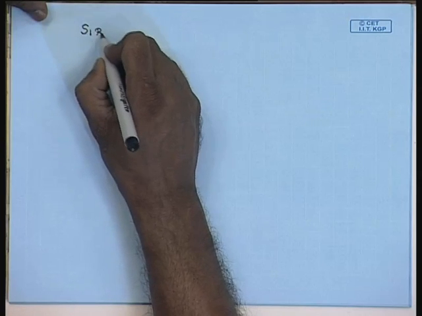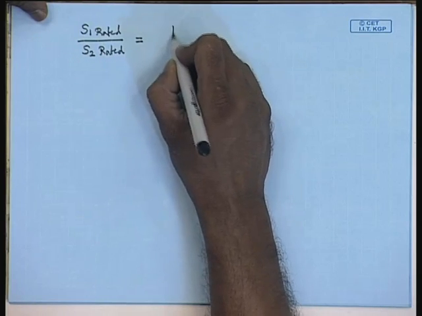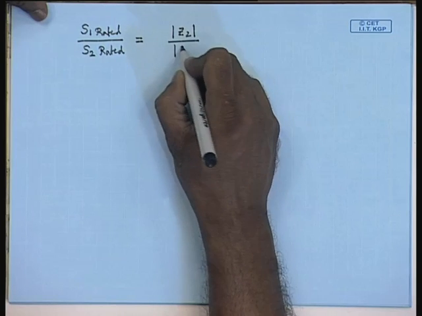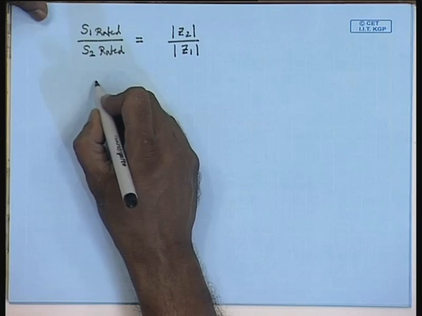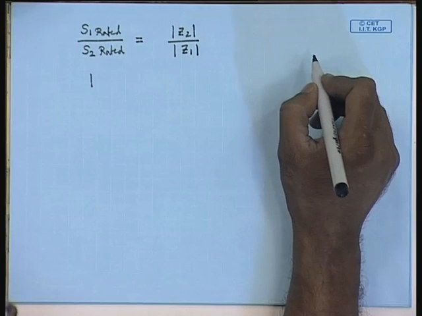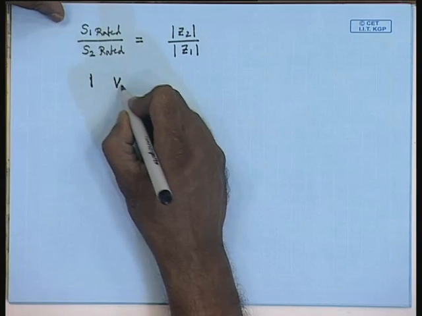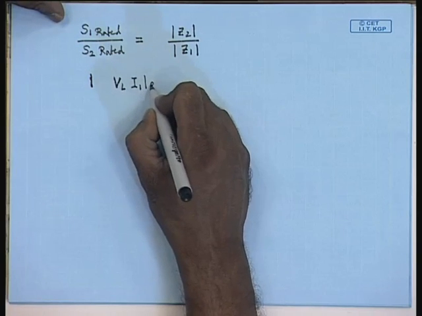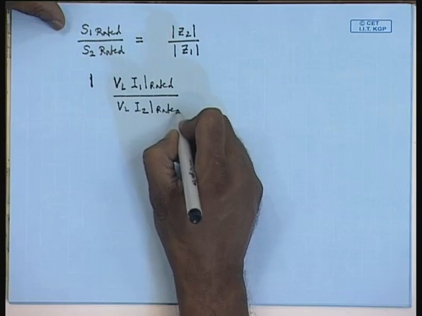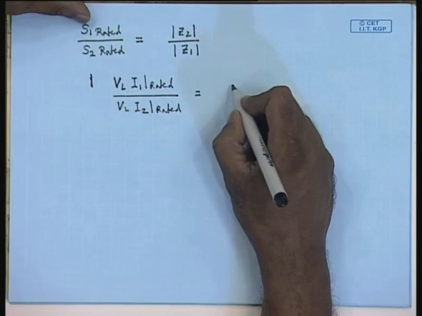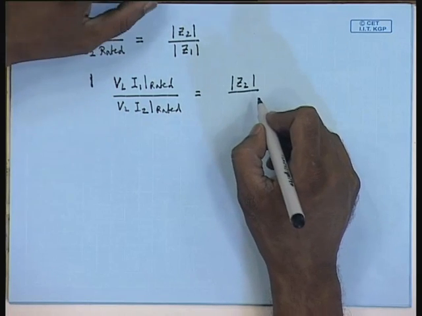the original relation is S1 rated divided by S2 rated equal to mod Z2 divided by mod Z1, or S1 rated can be written as VL I1 rated divided by VL I2 rated equal to mod Z2 divided by mod Z1.